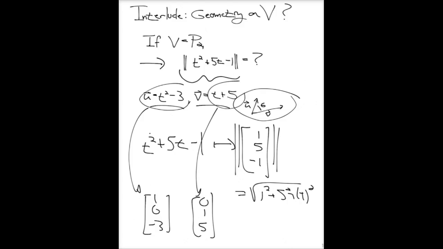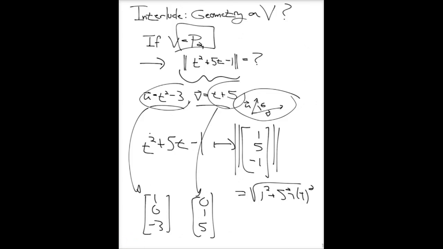And so we could derive some expression for the angle between these two polynomials. So we could essentially build the geometry on P2 by borrowing the geometry from R3, because after all, constructing the coordinate vectors is another way of writing the isomorphism between P2 and R3.